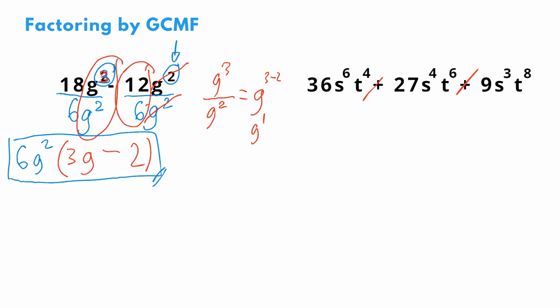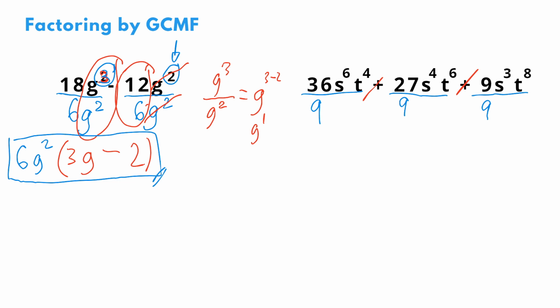Now, what do we do? Again, same rule. We will do the factoring first, right? Let's start first with the numbers. We have 36, 27, and then 9. What do you think is the GCF of those three numbers? Obviously, we have 9, because 36, 27, and 9 are divisible by 9. Next, let's go with the variables.